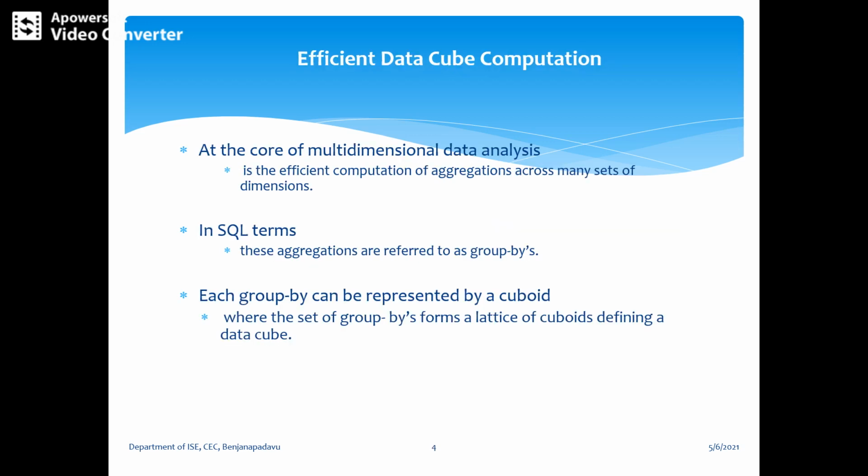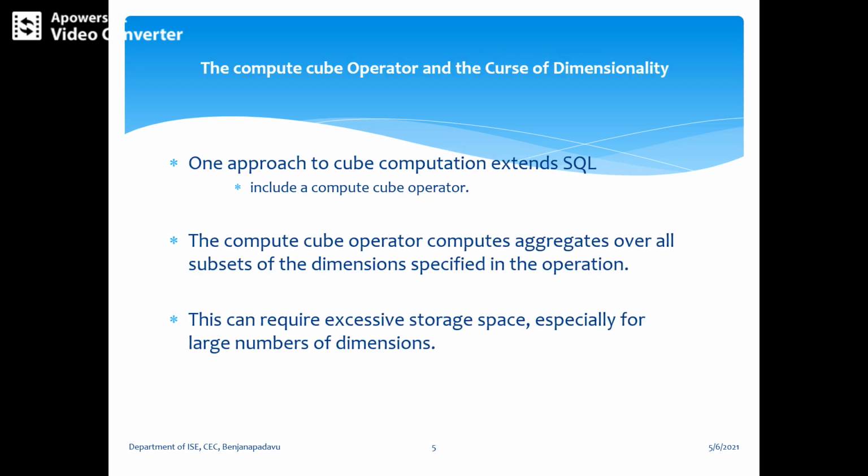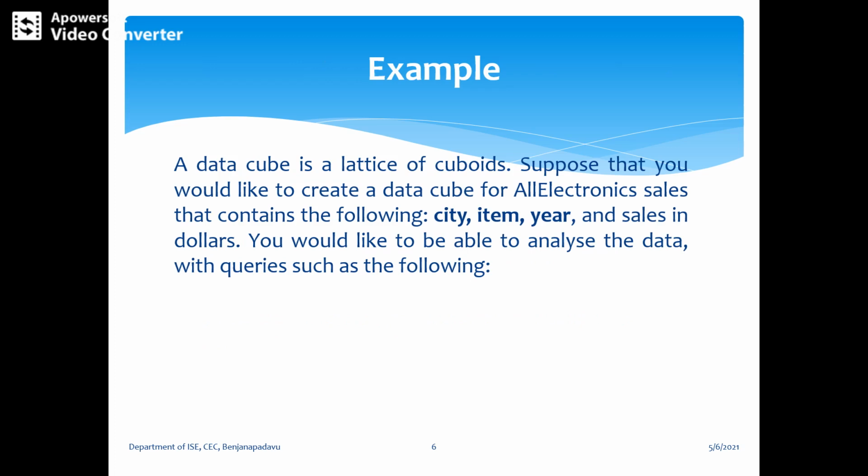Continuing, at the core we told about group by in SQL terms. Each group by is referred to as a cuboid, defining the data cube. The cube compute operator accesses all the dimensions, especially when the volume is large. An example: a data cube is a lattice of cuboids.